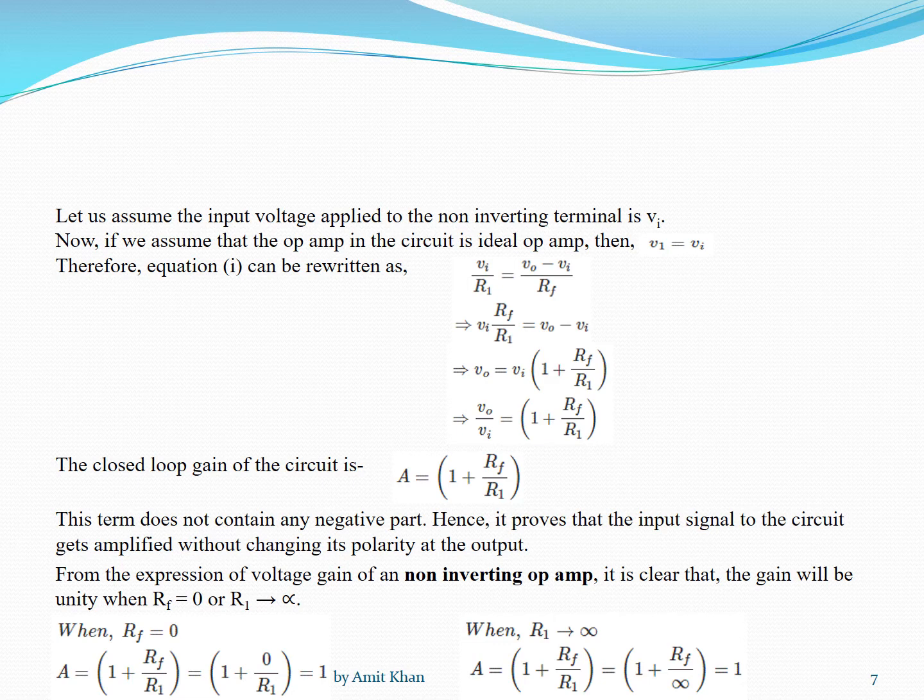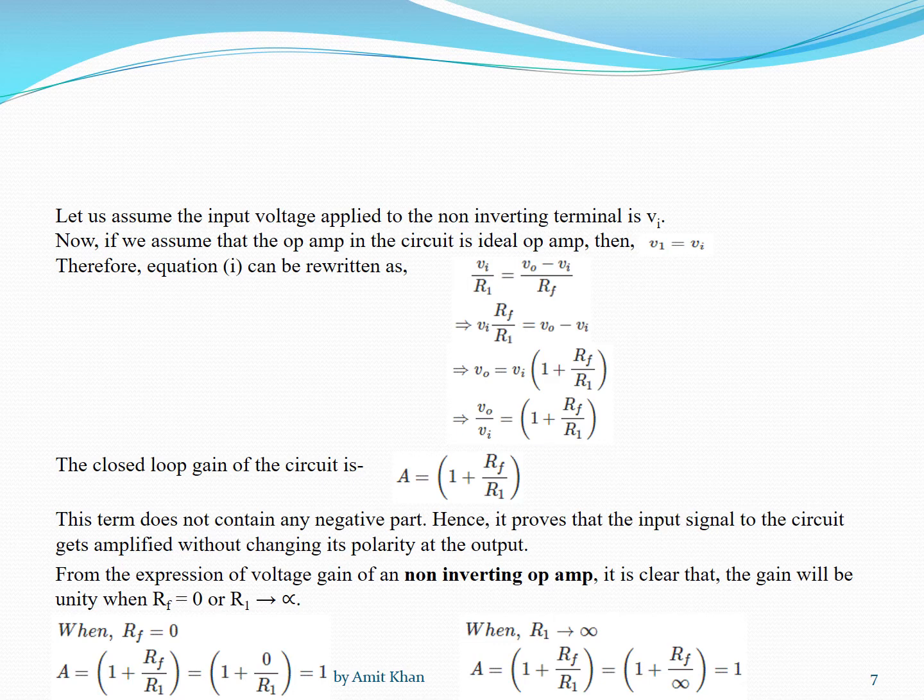Now if we assume that the input voltage applied to the non-inverting terminal is Vi, so we can get that V1 equals Vi for an ideal op-amp.